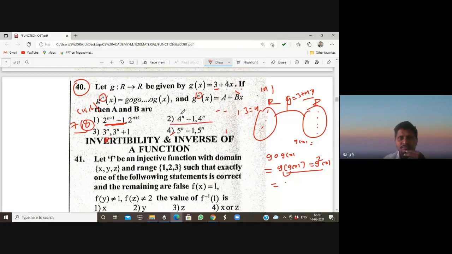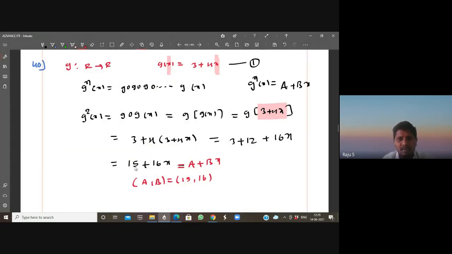Then the second option, substitute n is equal to 2, 16 minus 1 is 15. 15, 16, yes, the second condition is satisfied. The third one, 3 square, 9. Okay, that's enough. No need to do G circle G further. Also, 15 can be expressed as 16 minus 1 plus 16x. 16 can be written as 4 square, so 4 square minus 1 plus 4 square x.